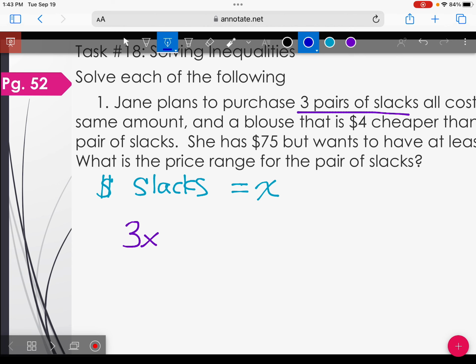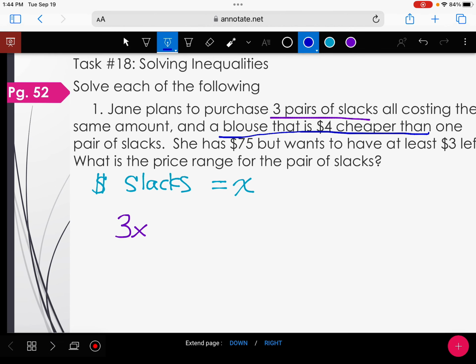How about a shirt that's $4 cheaper than pants? Yeah, so if I take the cost of pants and I take away 4, that gives me the cost of her shirt.